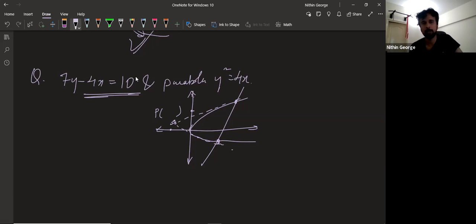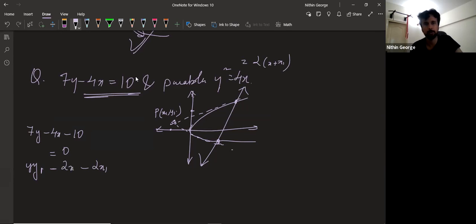So what do you notice? If the point is called x1 comma y1, the given line is the chord of contact: 7y minus 4x minus 10 equal to 0. And the chord of contact of the parabola will be y y1 equal to 2 into x plus x1, so this becomes y y1 minus 2x minus 2x1 equal to 0.